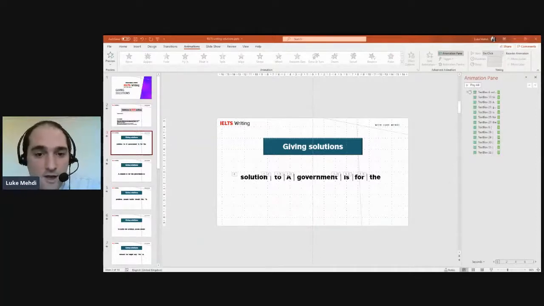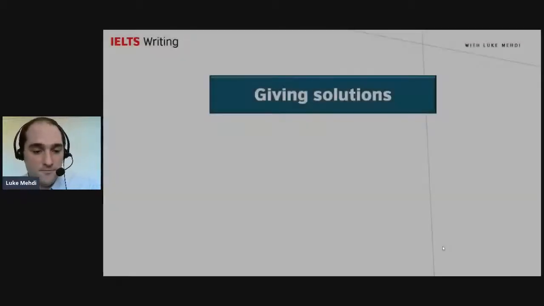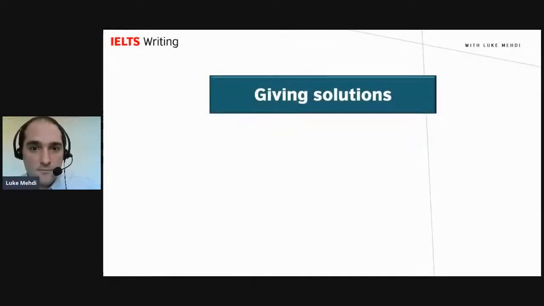Could anybody just type in what they think is the correct way to reorder this sentence? Any ideas?